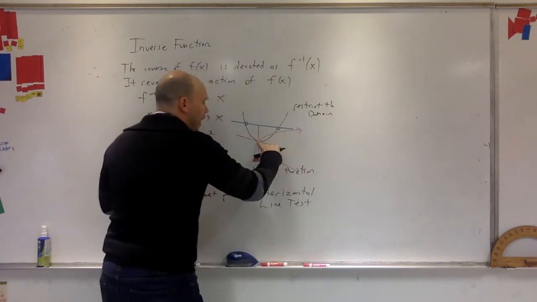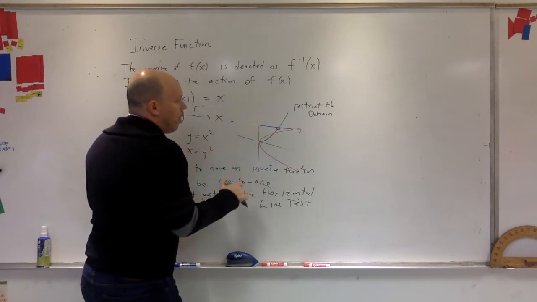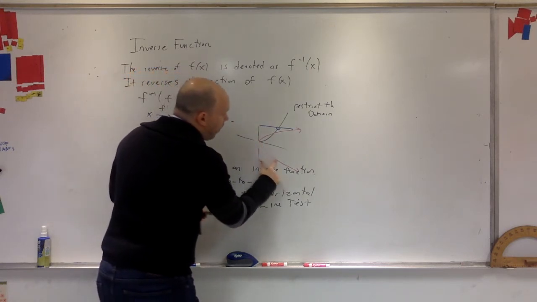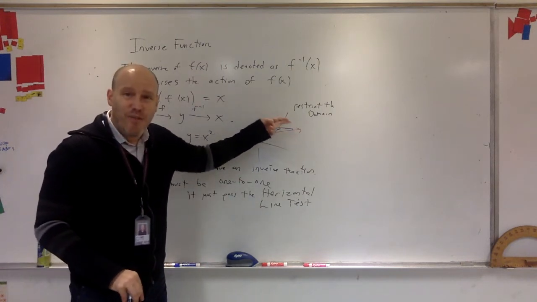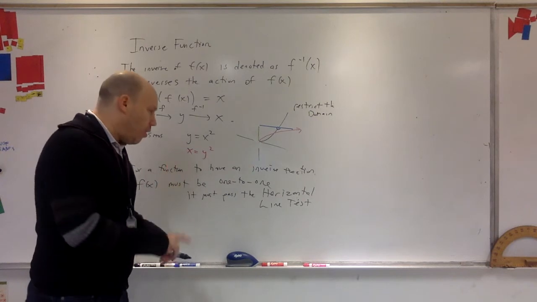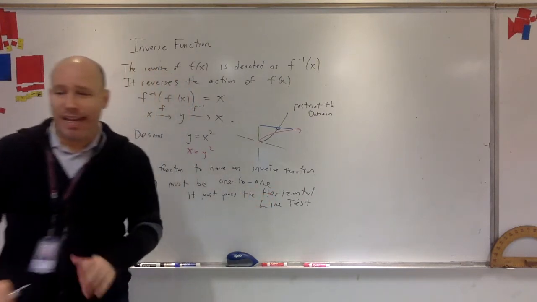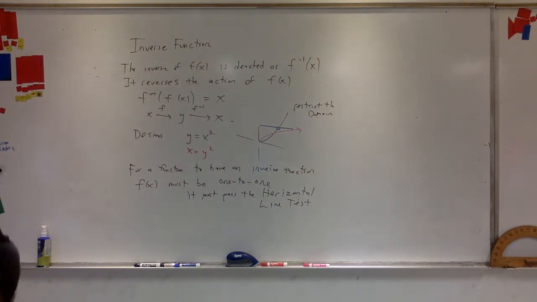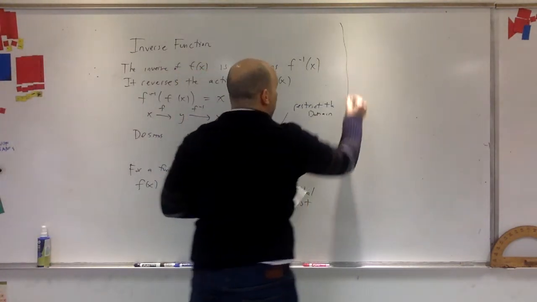So if we take out this part, this ends up going away, and so our function has an inverse that's a function. Okay, so once again, the horizontal line test, we're going to get back to that in a second. So let's pick up where we left off.